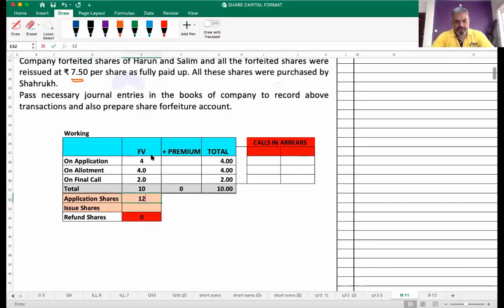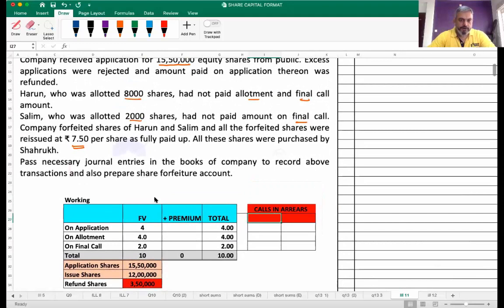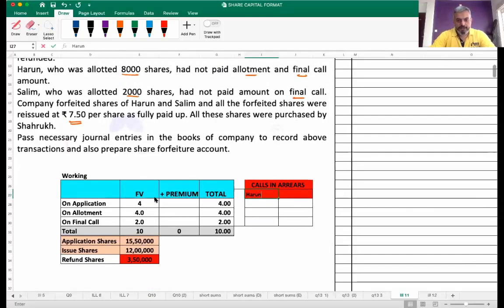Now applications shares were 15 lakh 50,000, and issued shares were 12 lakh. So refund of 3 lakh 50,000 shares. Now calls in arrears, let's check. Harun did not pay for allotment and final call on his 8,000 shares. And Salim did not pay final call on 2,000 shares.